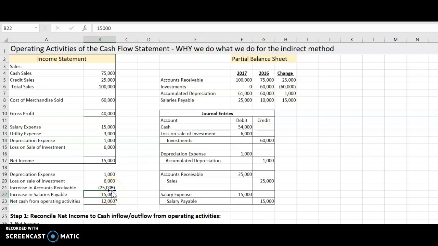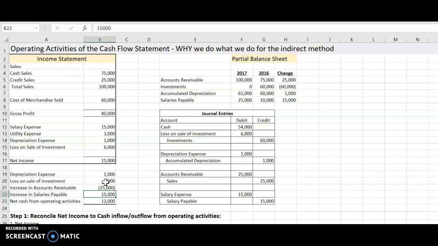Here's why. I had extra cash coming in from a prior period that wasn't showing up in my sales from a different period. But it did affect my cash in a positive way. So accounts receivable going down makes my reconciliation and net income go up.